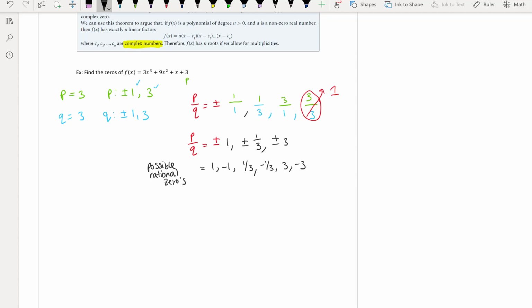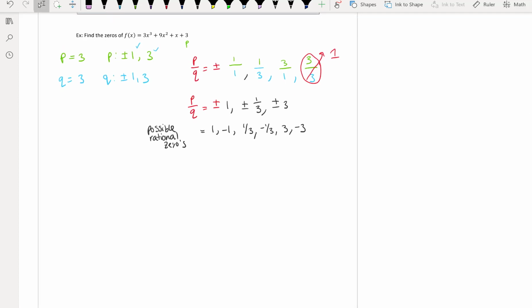Alright. Maybe we would try that x is equal to, let's say, negative 3. So remember, the ways that we can do this is by doing synthetic division or plugging in the values.